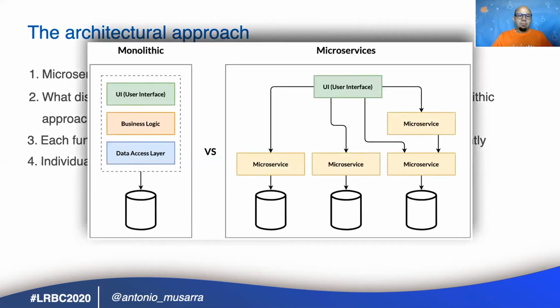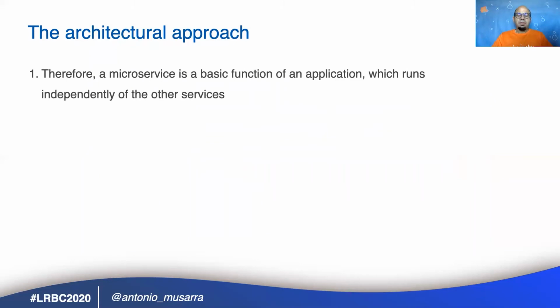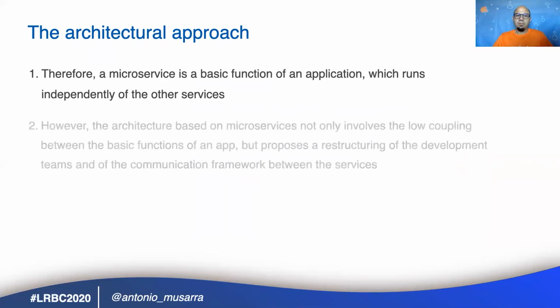In this diagram, we can see the difference between the monolithic approach and the microservices approach. Each single function is represented by a specific microservice that insists on its own dataset. Therefore, a microservice is a basic function of an application which runs independently of the other services.